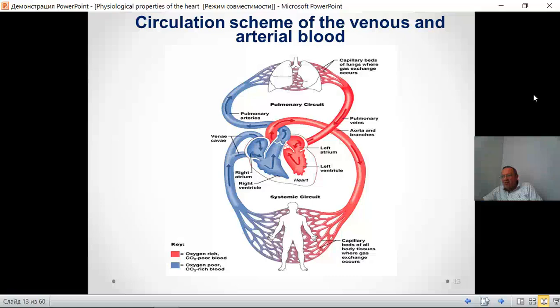The capillaries will ultimately unite to form venules, joining to form ever larger veins, eventually flowing into the two major systemic veins, the superior vena cava and inferior vena cava, which return blood to the right atrium.